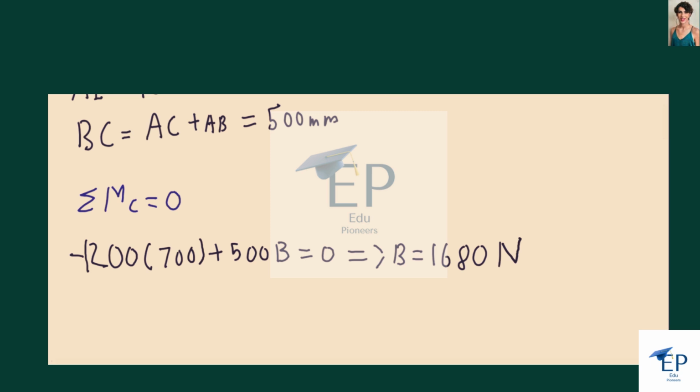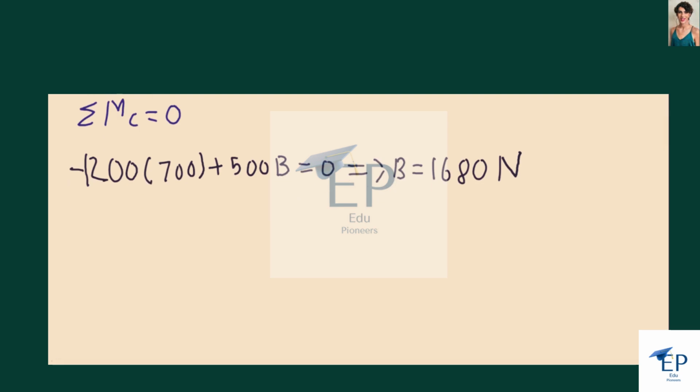And we can now solve for the moment that's required to keep the system in equilibrium. So we're going to write that the sum of moments about the point A is equal to 0. And we can write it as negative B times 100 plus M is equal to 0.